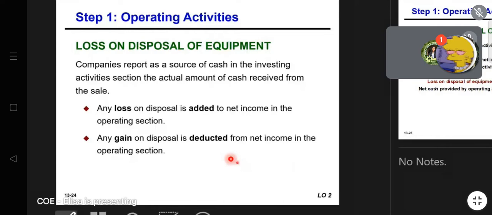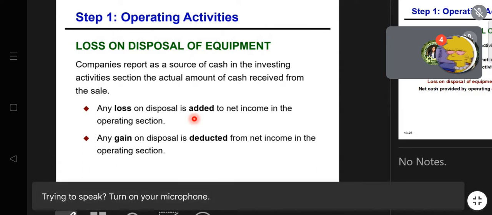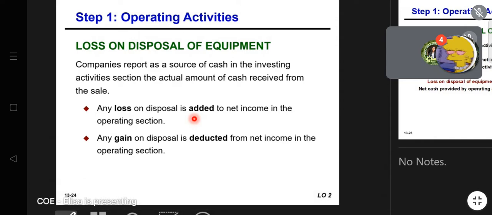So any loss on disposal is added back to our net income, just like depreciation, because it has nothing to do with operation. We add it back. However, if it is a gain, we deduct it. Why do we deduct it? Because, as in my illustration earlier, if there was a gain, the net income of the business should have been higher.